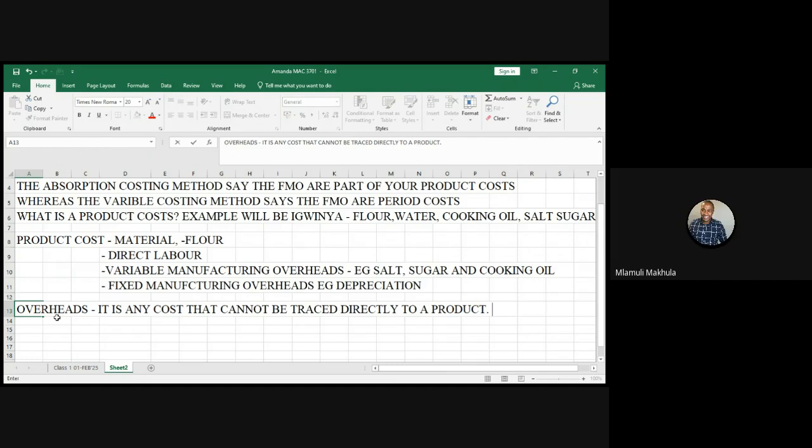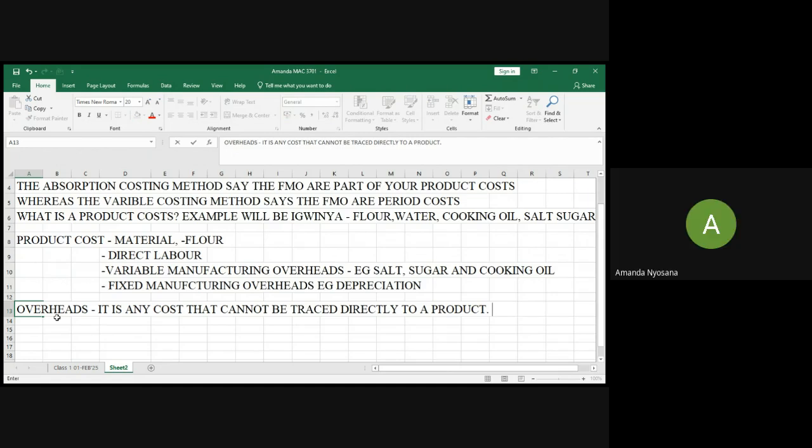So just like your salt, your sugar, and your cooking oil, they will change because of the number of magwinyas that we've made. However, there will be some overheads that will remain constant irrespective of how many magwinyas you've made.